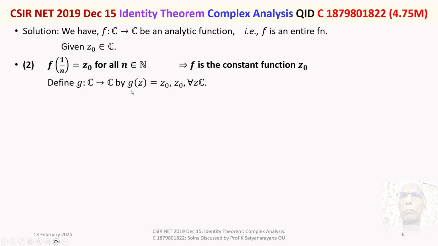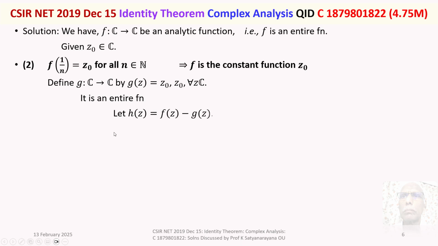Anyway, we want to show that at the end f is the constant function. That is why g we have taken and we have defined it as a constant function, and it is taking z0 value for all z belongs to C. Agreed. Now it is an entire function. Why? It is a constant function.